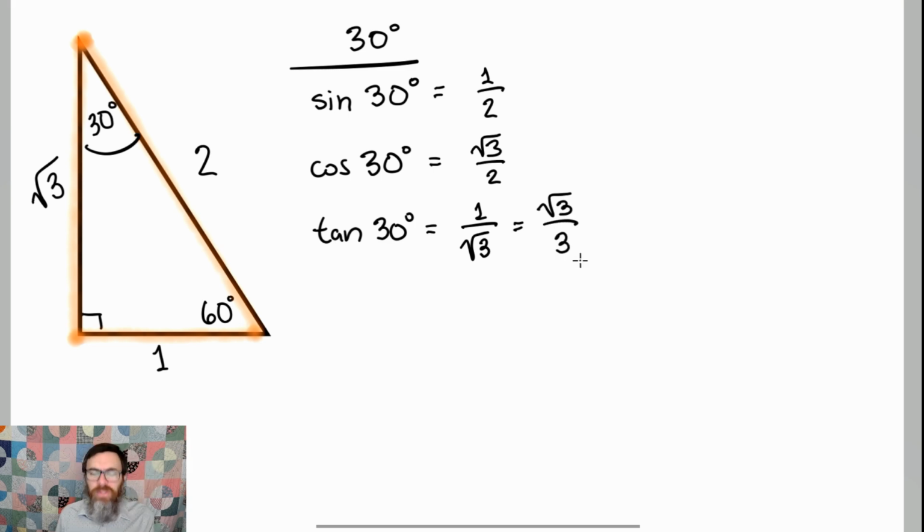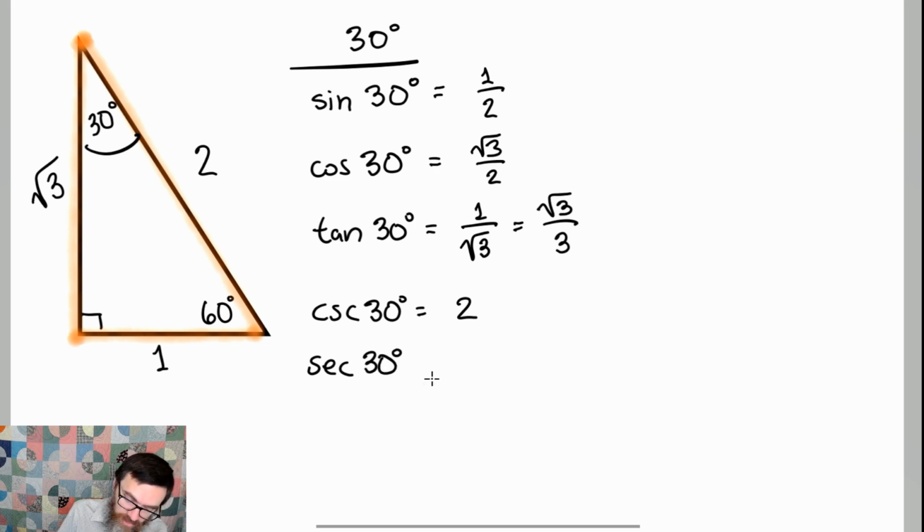And we might as well go ahead and fill out the rest of these. If I need to find the cosecant of 30, that's going to be the reciprocal of the sine. So that's just going to be 2, which makes sense because remember we talked about the range for cosecant and secant being from negative infinity to negative 1 and 1 to infinity. So their absolute value will be greater than or equal to 1.